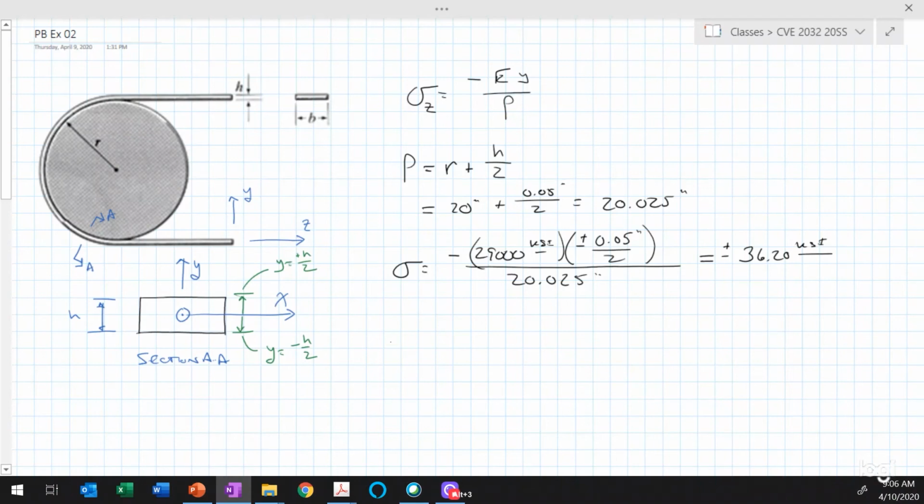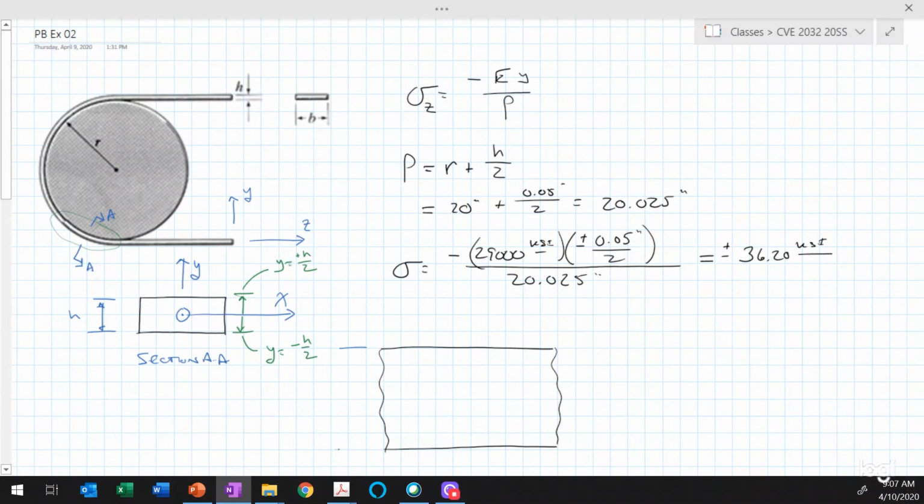So what I'll do lastly is I'll sketch the distribution of stress on that cross section. I'm looking at the side view of this, so plotting the side view like up here. And if I do that, then let's see, 1, 2, 3, 4, 5, 6 squares. Then here's a section break, here's a section break.